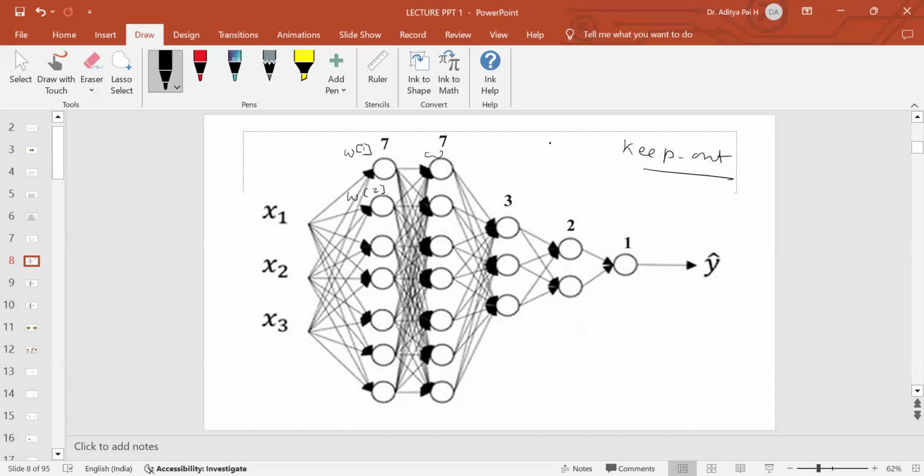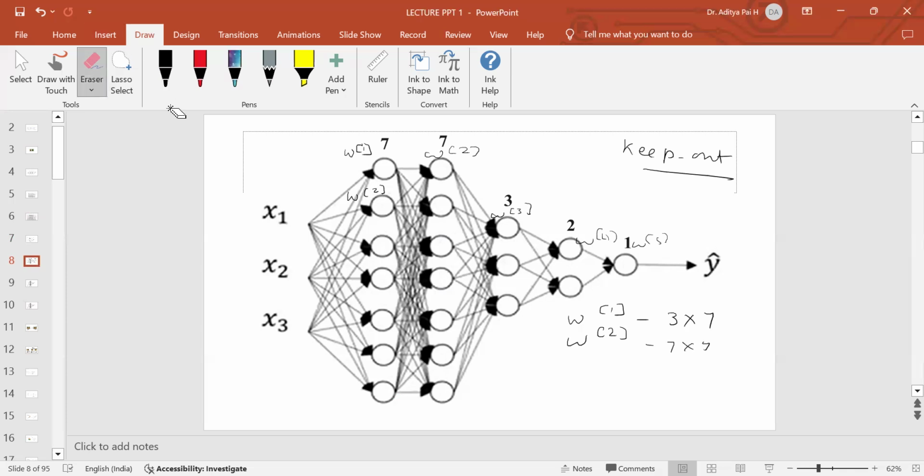So for W1, the matrix is 3 into 7. That is nothing but 3 inputs and 7 outputs. For the second, it is 7 inputs and 7 outputs.